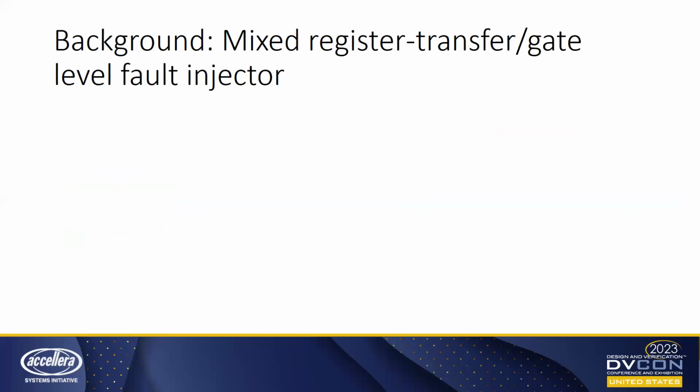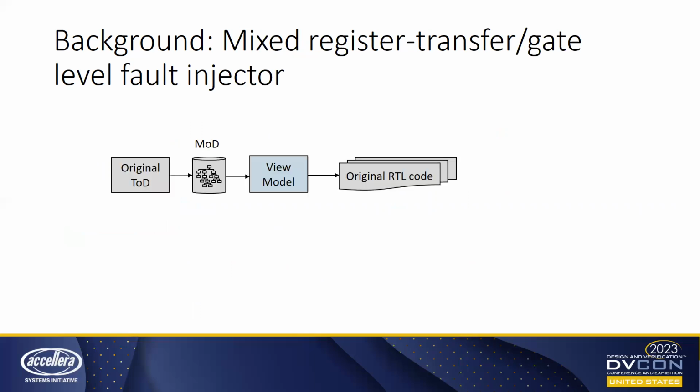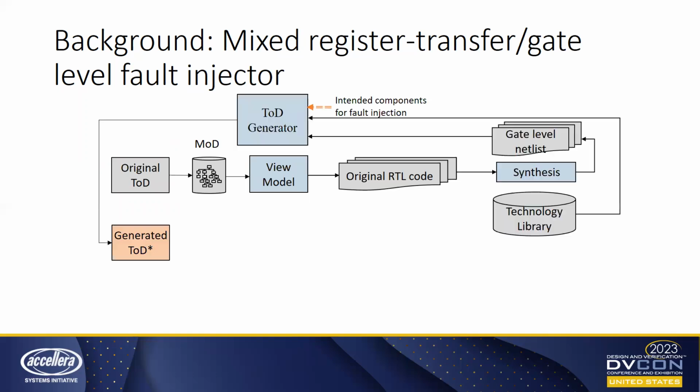Now let's move on with a mixed register transfer and gate level fault injector. So the existing RTL generation framework, which I showed in a previous slide, is utilized to generate the RTL. After the RTL is generated, the synthesis is performed and the gate level netlist is generated.